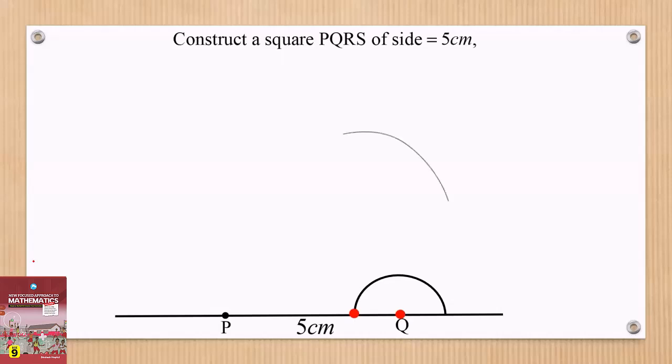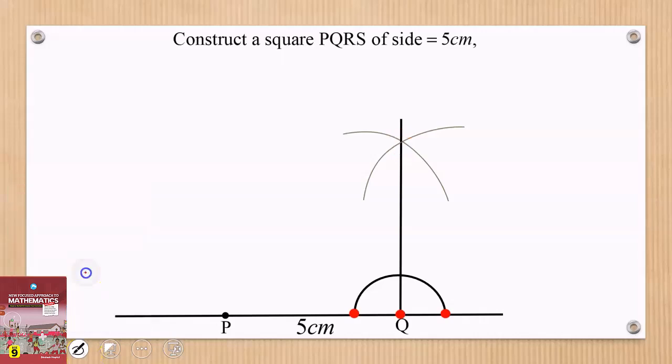This time around, the same radius, don't change it. Move to the opposite side, put the compass pin there and draw another arc to intersect the first one. Now join the two intersecting arcs to the point Q with your ruler, so that you get a perpendicular line to the line PQ. And since we are talking about PQRS, that point of intersection here is going to be R.